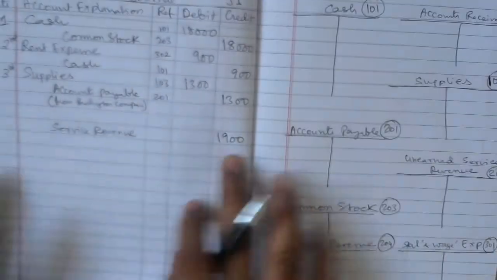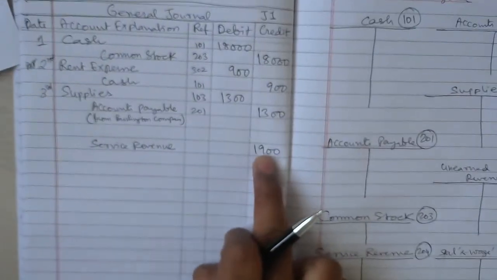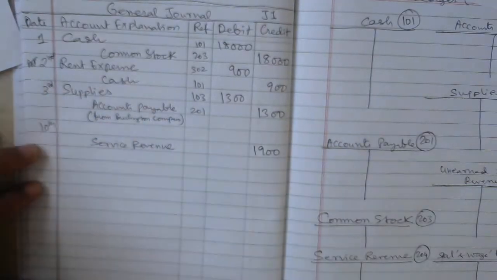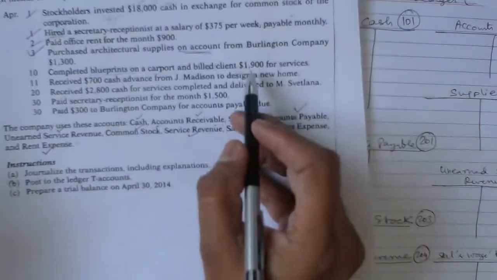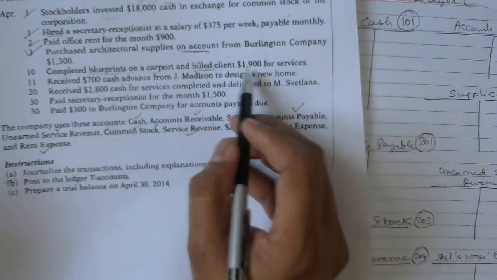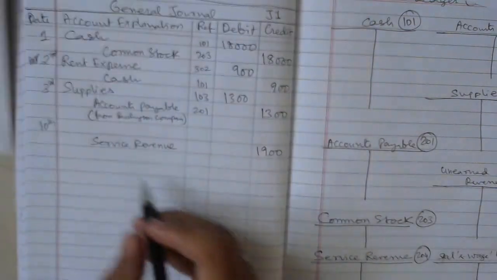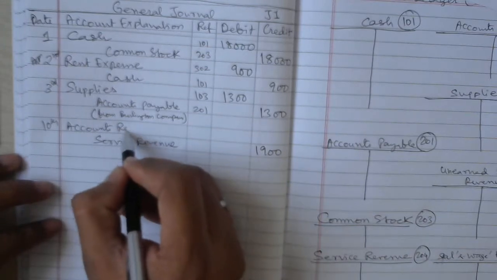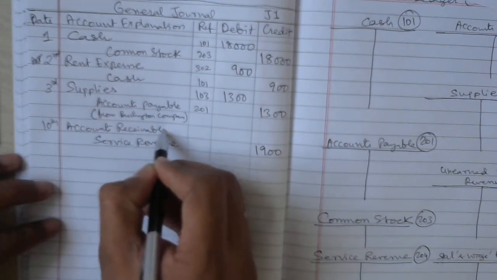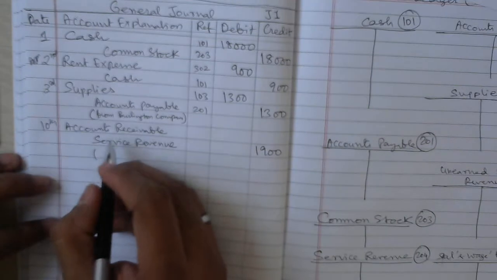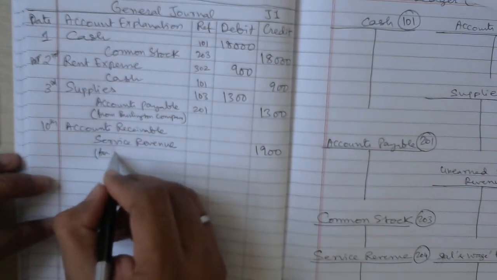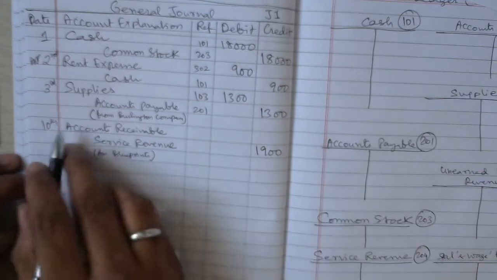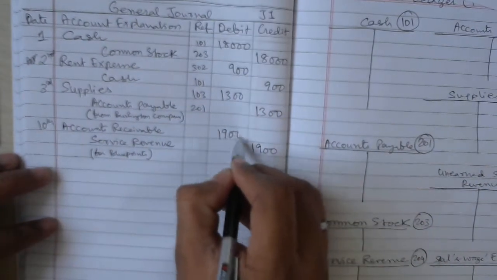You earned a revenue of 1900, but in what form has this revenue been earned? We have just billed. The payment has not yet come, so it will be accounts receivable. This will be for the carport blueprints. How much will be the accounts receivable? 1900 debit.